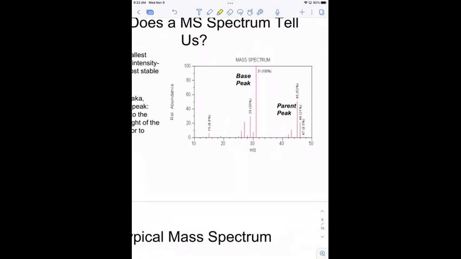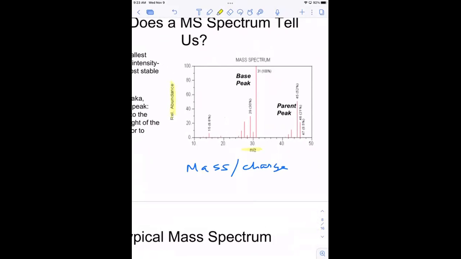On the x-axis, that's mass over charge. The charge is normally +1, so it's really just indicative of the mass. On the y-axis is relative abundance. That just tells you how much of each fragment is present.